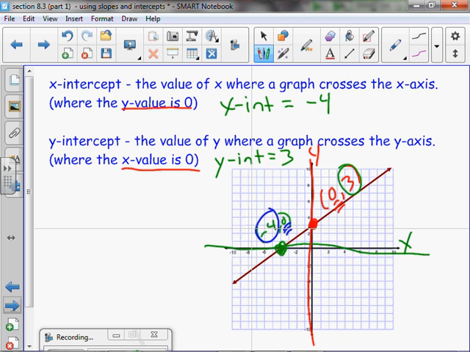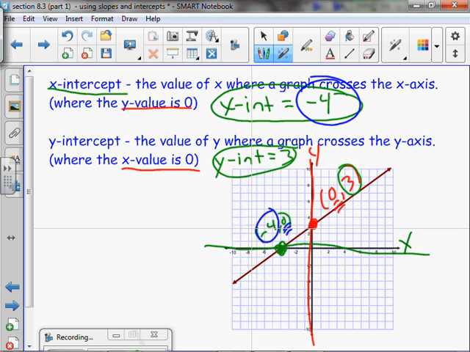Okay? So let's review that real quick. The x-intercept is the value of x where y is 0. Okay? So for this case, we had -4 there. But it is the value of x where y is 0.